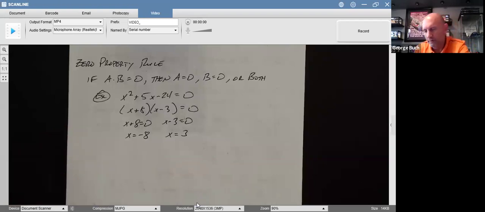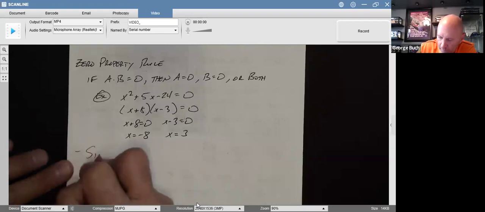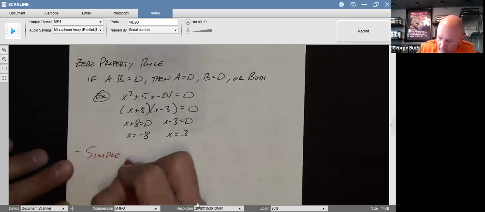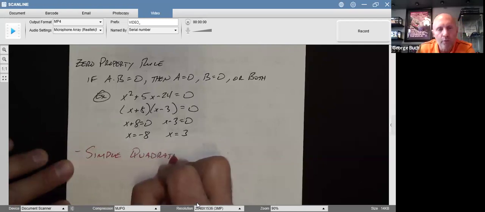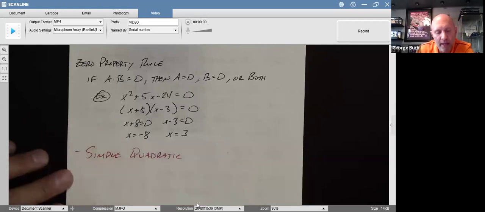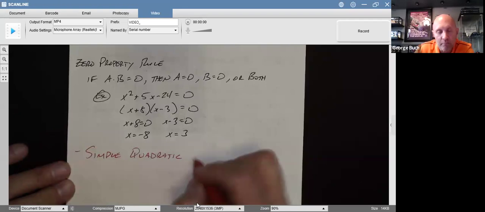Now, I'm going to write this in red. The official mathematical name of this is a simple quadratic. I hate this name because it's not simple.